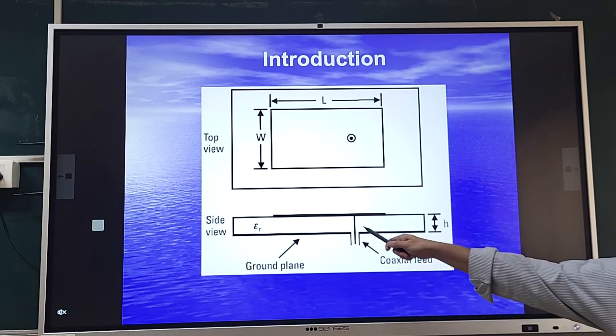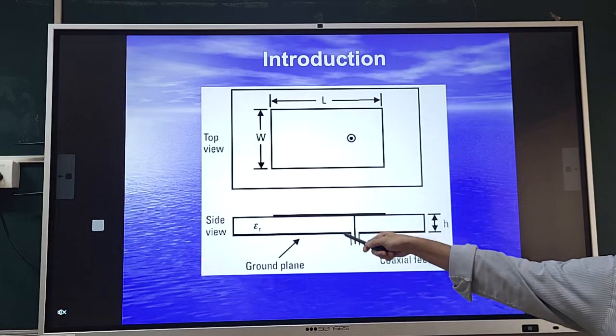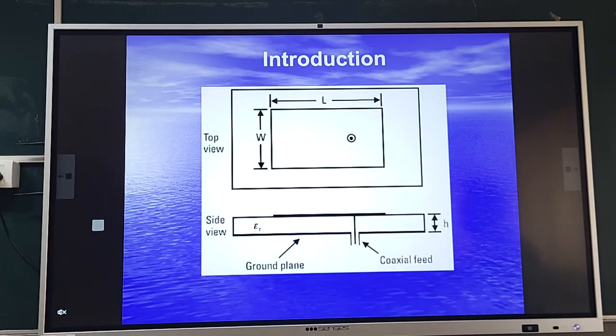So a lot of selection aspects go into what kind of substrates are used. Another very important thing is the cost. Remember, in the lab we use FR4. Okay, it is a very cheap substrate. For example, if I go to the market and purchase an FR4 substrate, maybe 1 feet by 1 feet may cost me around 300 rupees.